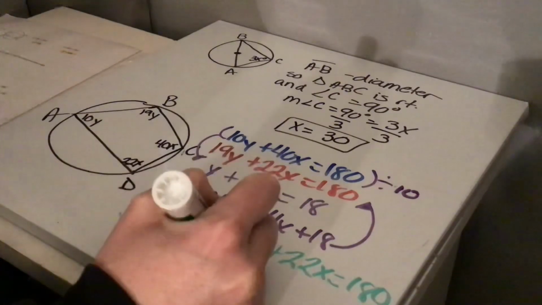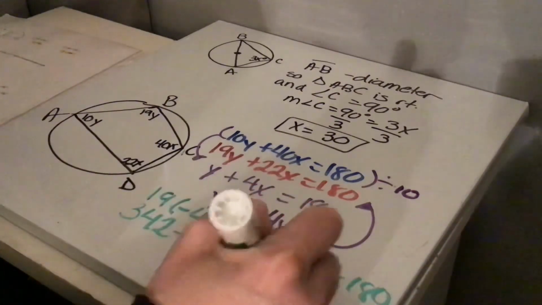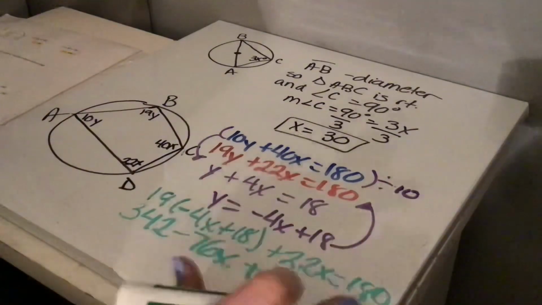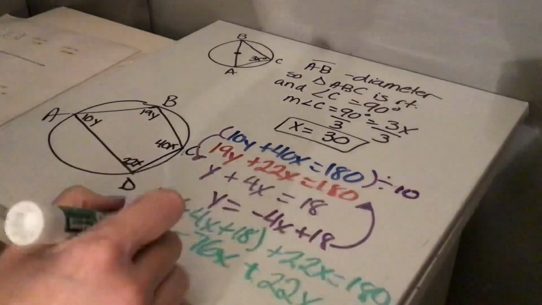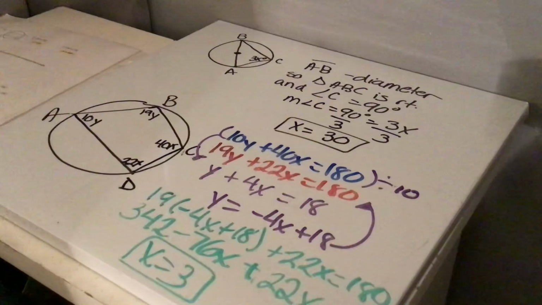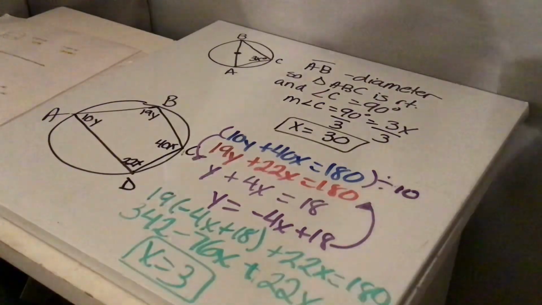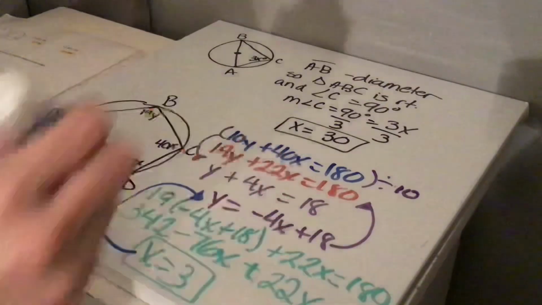I distribute the 19, and I get x equals 3. Then you have to go back and take x equaling 3 and substitute it in here for y.